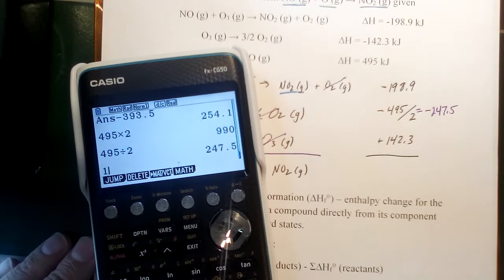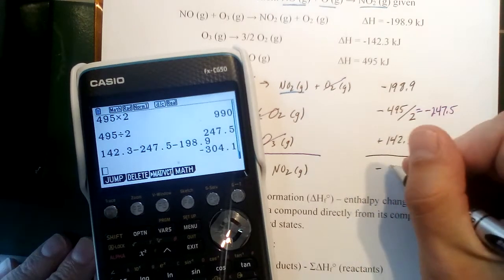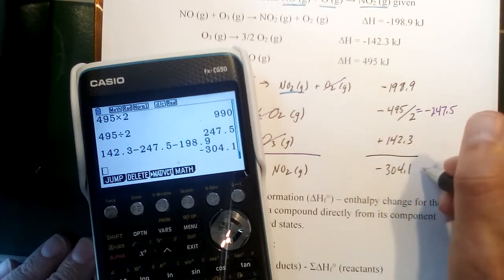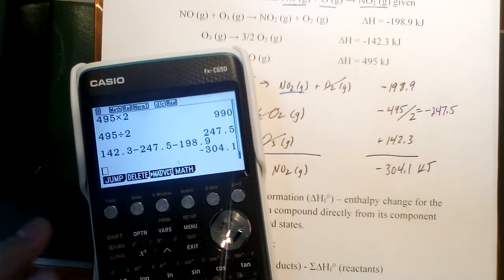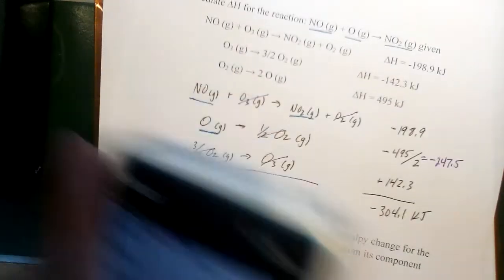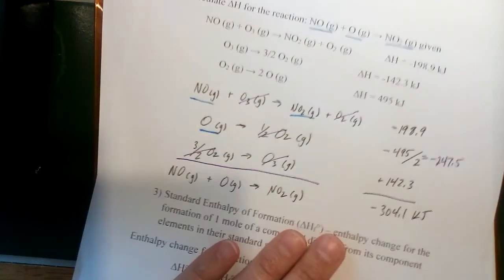So 142.3 minus 247.5 minus 198.9. So that gives me a total of negative 304.1 kilojoules. That would be the enthalpy for this particular reaction.